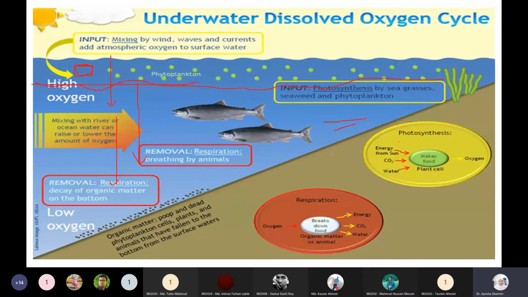However, if they die, they also have to go through the degradation process, and degradation processes are typically all oxidation processes, so they all need oxygen. So there is some biological oxygen demand, or you can say biochemical oxygen demand, and we have to know what is going on in aquatic chemistry, so that we know the environment of this aqueous body.